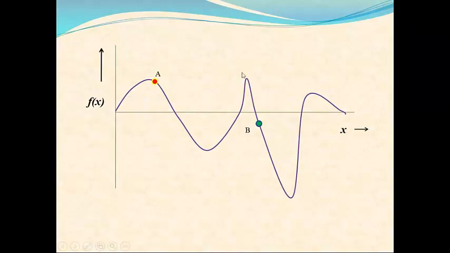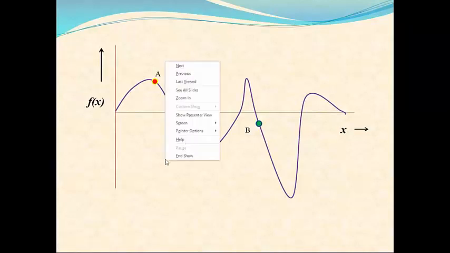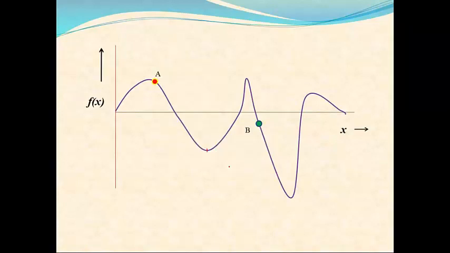Now let us consider this particular problem in which we have two minima. So this is our first minima and this is the second minima, right? Out of which this is called a local minimum solution, and this is the global minimum solution.